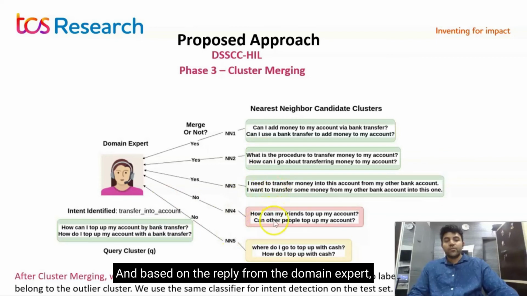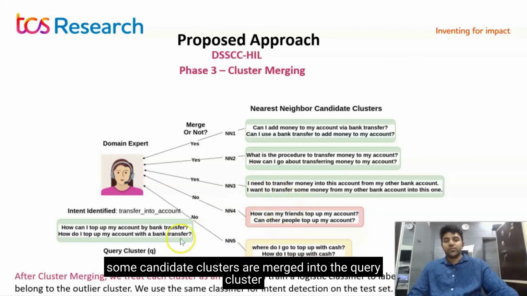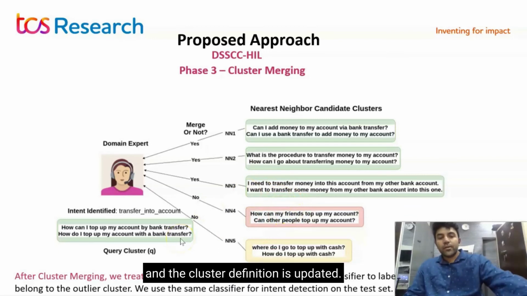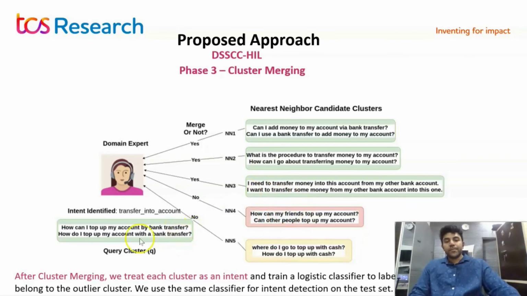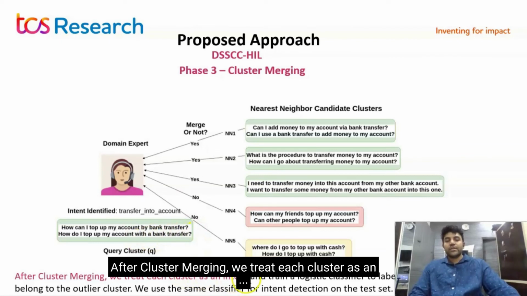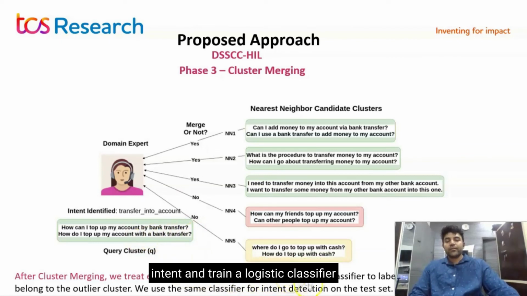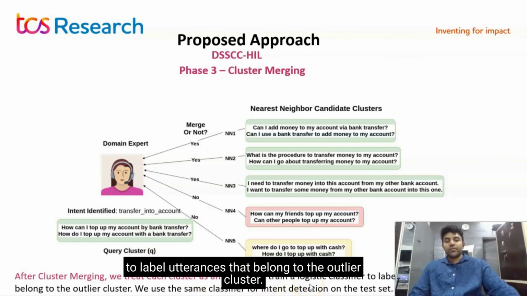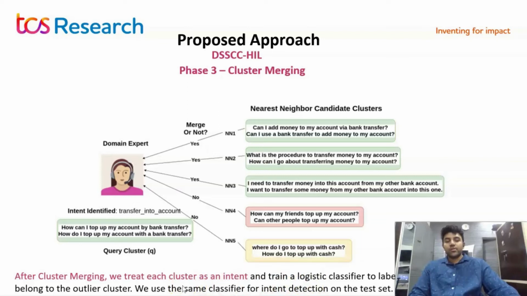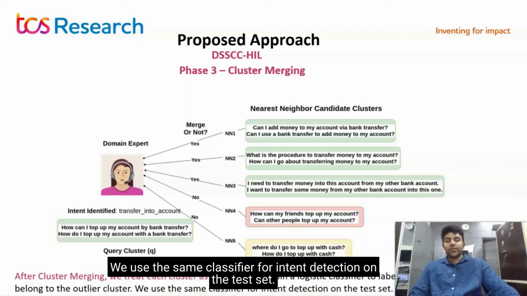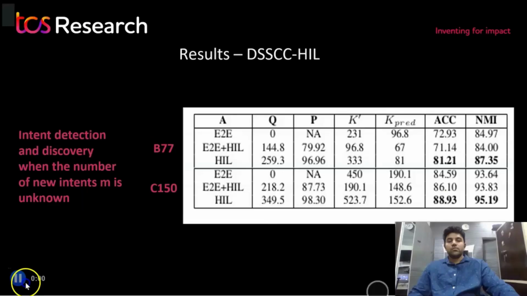Based on the reply from the domain expert, some candidate clusters are merged into the query cluster, and the cluster definition is updated. After cluster merging, we treat each cluster as an intent and train a logistic classifier to label utterances that belong to the outlier cluster. We use the same classifier for intent detection on the test set.